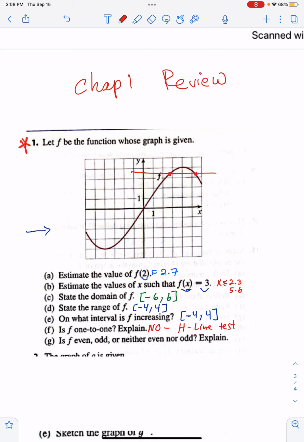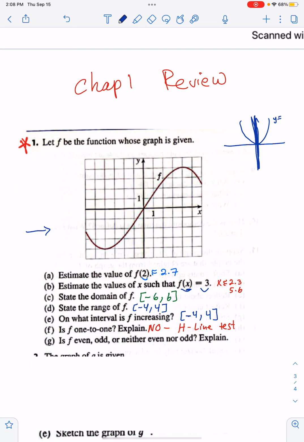Is f even, odd, or neither? Explain. So let's look here. If you had even functions in the past, say y equal to x squared, the y-axis acts like a mirror.